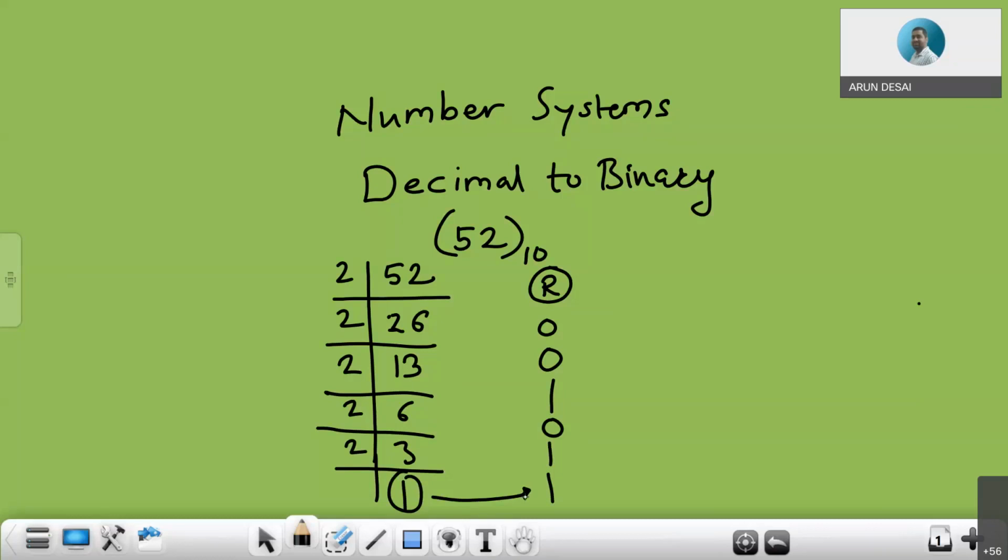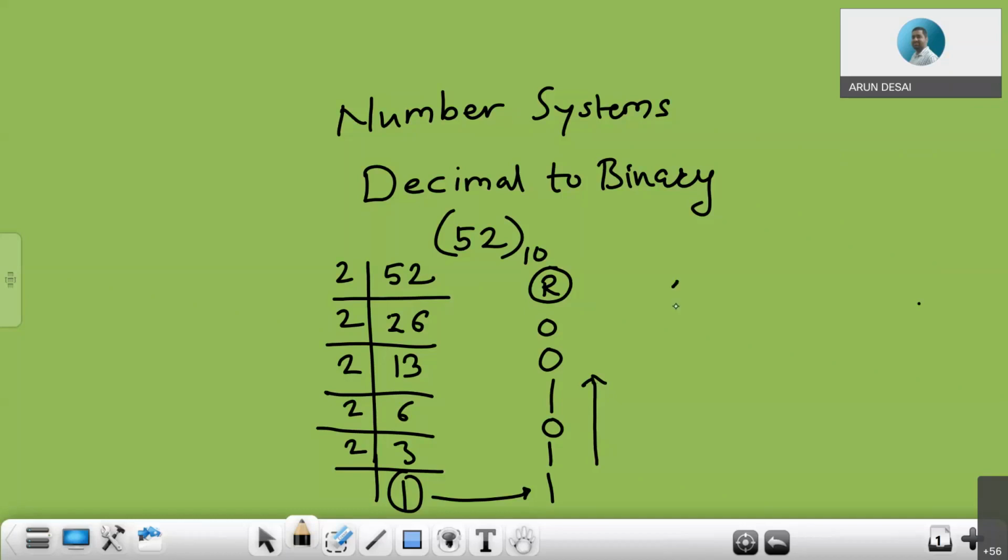Okay, and you need to write it in reverse order. This is called successive division or the double method of conversion. You need to divide the given decimal number by 2, keep the remainder in that division, and write the remainders in reverse order.